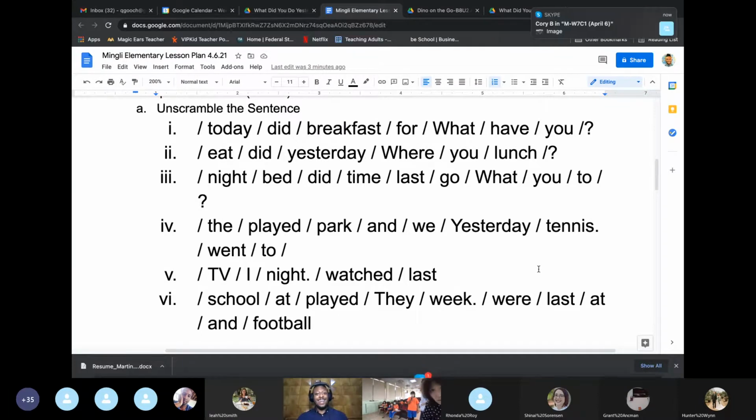And 还有玩那个篮球，不是网球啦，打网球。And play tennis. Oh, there you go.